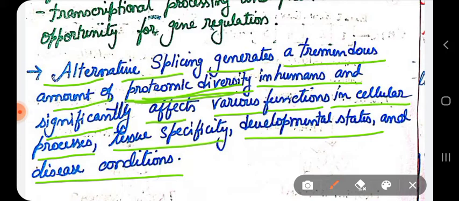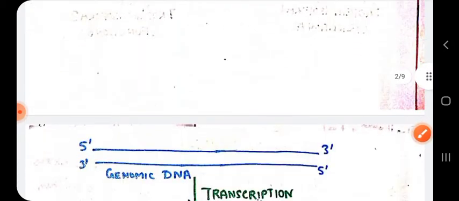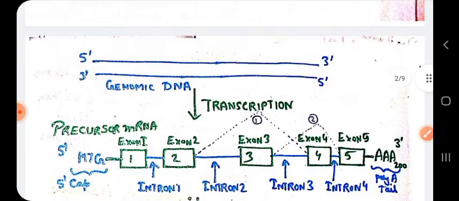Various examples are there; we will discuss them one by one in the videos. Let us move to the next page. So, this is the concept of alternative splicing.